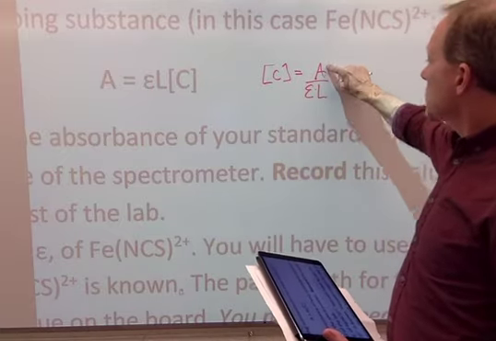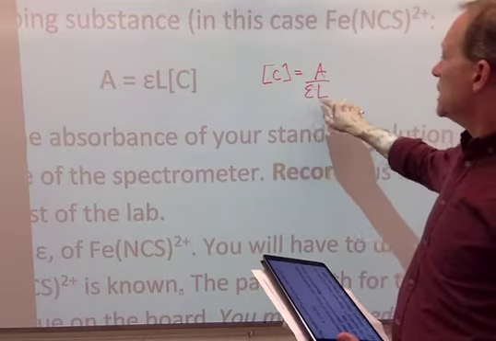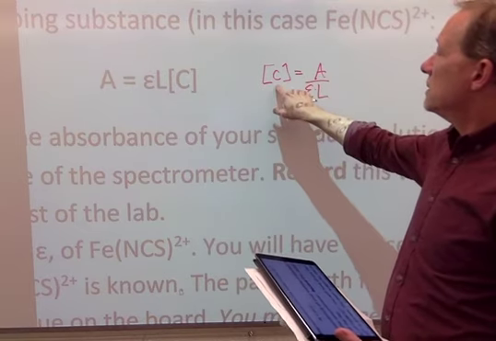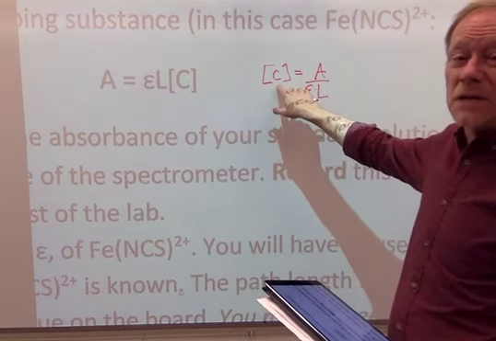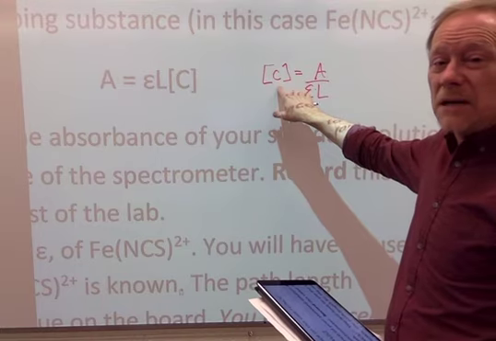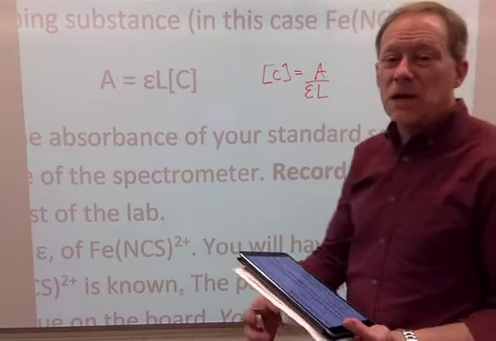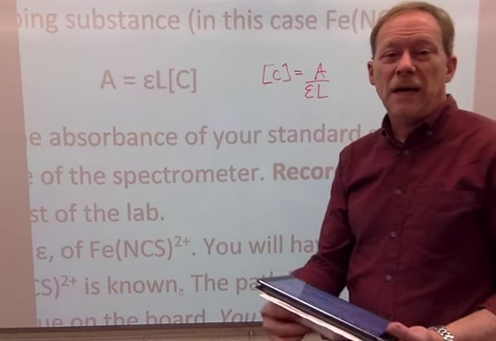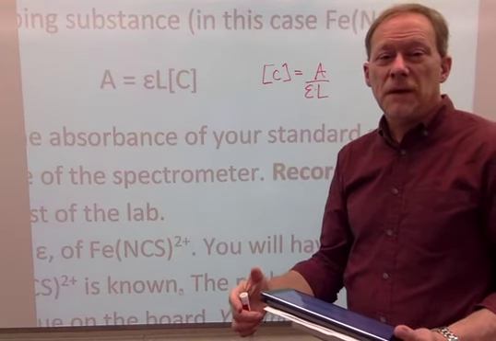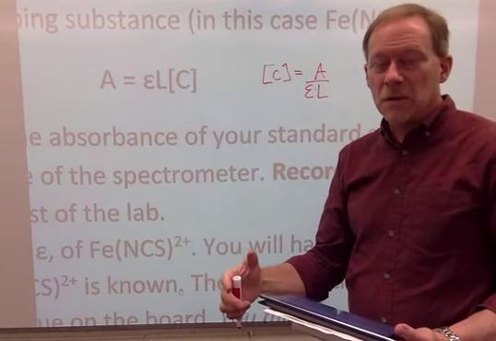And when we measure absorbance, we know this value from part B. We can calculate the amount in concentration of the iron thiocyanate complex. So we'll be using Beer's law in that way in this lab, and Professor Tatko is going to show you the measurements of those absorbances.